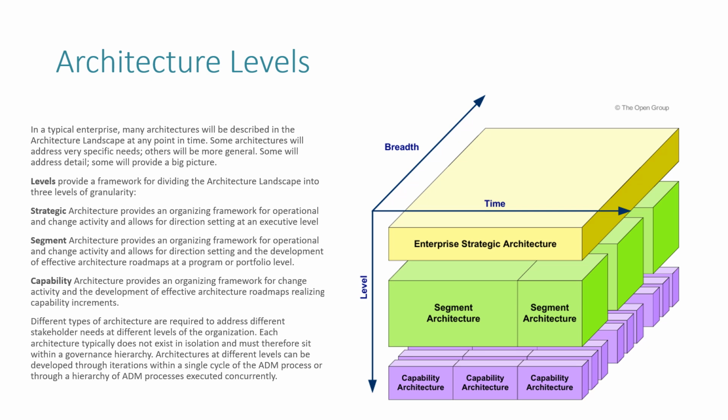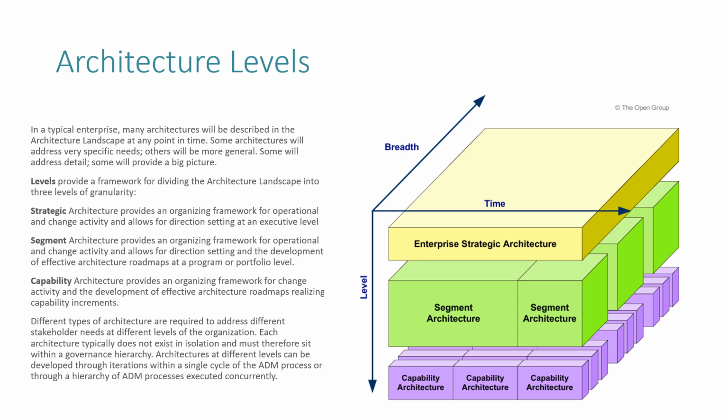TOGAF also defines the architecture levels. Typically in an enterprise, we can define architecture at multiple levels. We can define it at the entire enterprise level, which can be a strategic level.